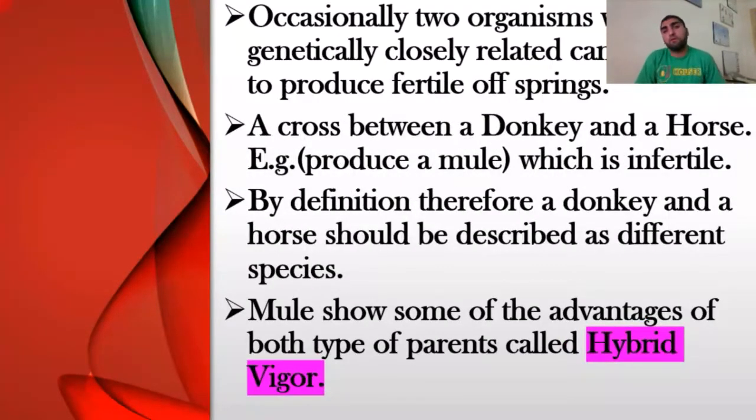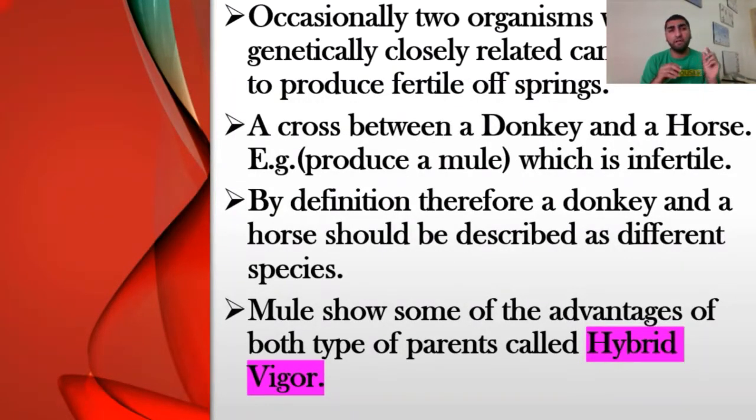Now, we all have observed certain things, like occasionally two organisms which are genetically closely related can interbreed to produce fertile offspring, and by closely related I mean the species which are very close to each other.